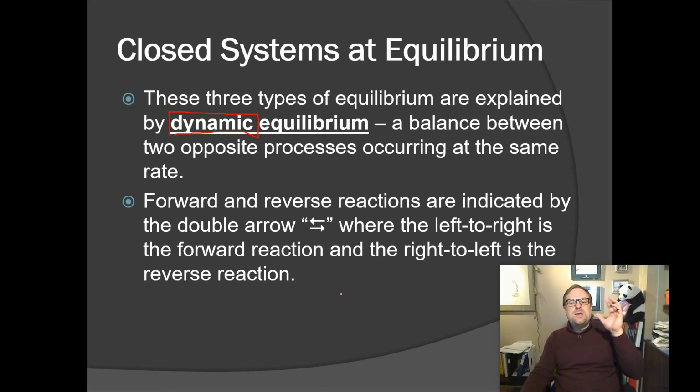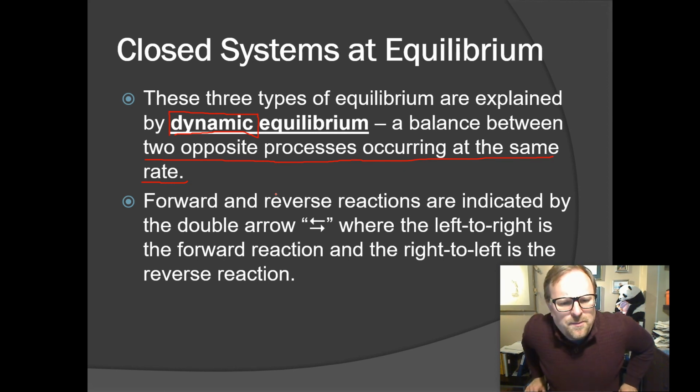So this dynamic equilibrium is that balance between two opposite processes occurring at the same rate. So if we have two of something that goes from liquid to gas, then we will have two of something that goes from gas to liquid, and that maintains balance. But it's not static at this point, okay?